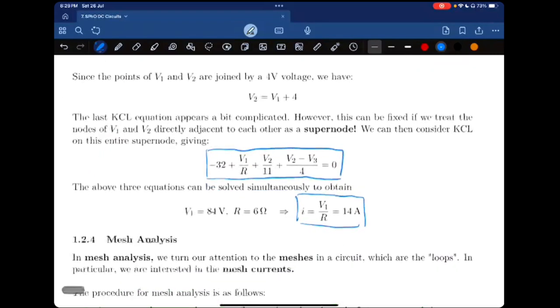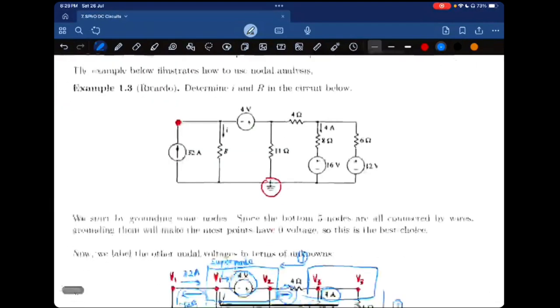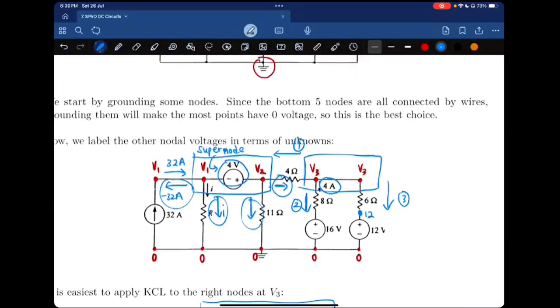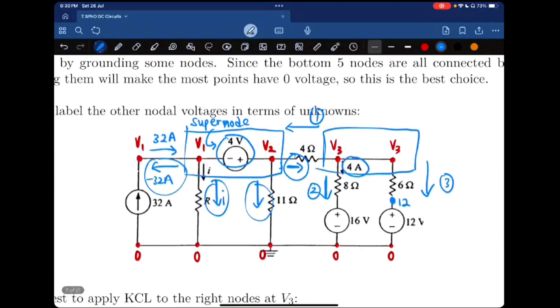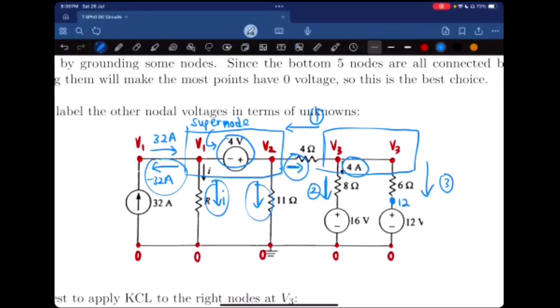Okay, nice. I'm not sure how much of it got captured just now, but quick recap. When we do nodal analysis, we look for points or collections of points to apply KCL to, and you consider all the currents that come from these points, and you sum them equal to zero.